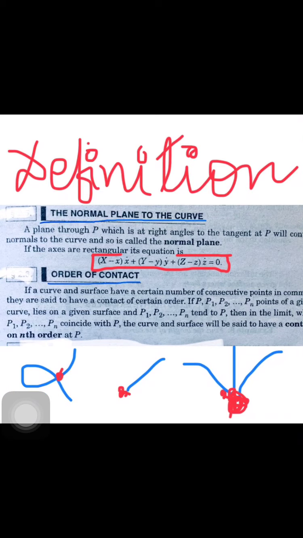In the next part, we are seeing mathematically the condition for which order of contact exists. In the next slide, we are taking the order of contact between curve and surface. Here we want to find how many orders of contact between curve and surface we have.